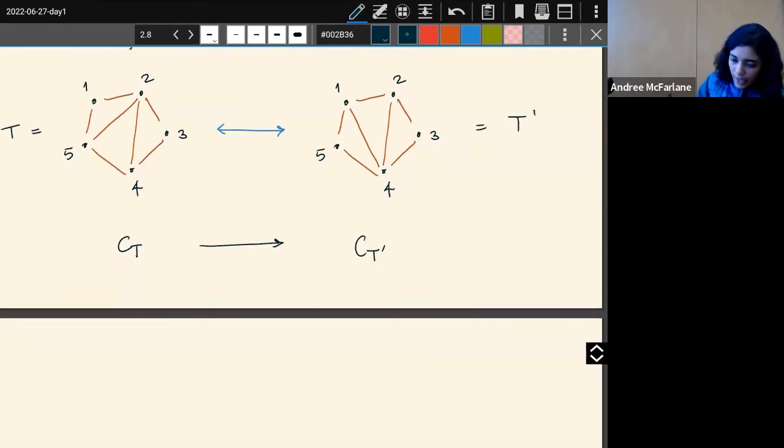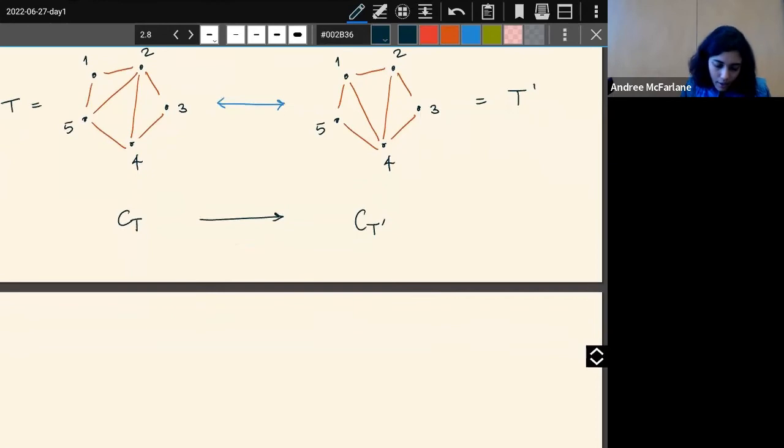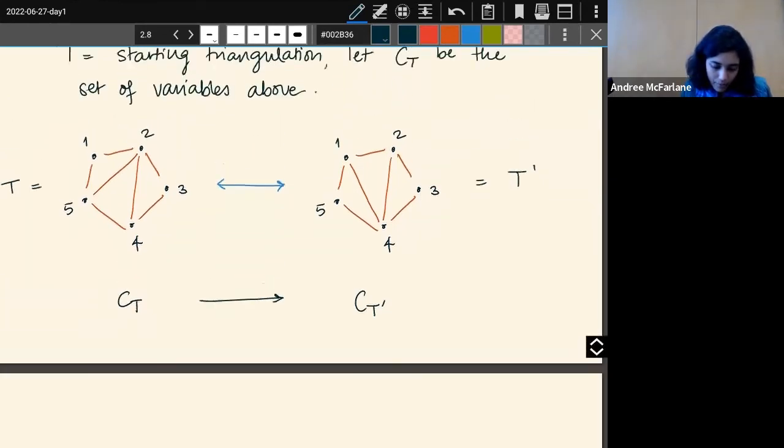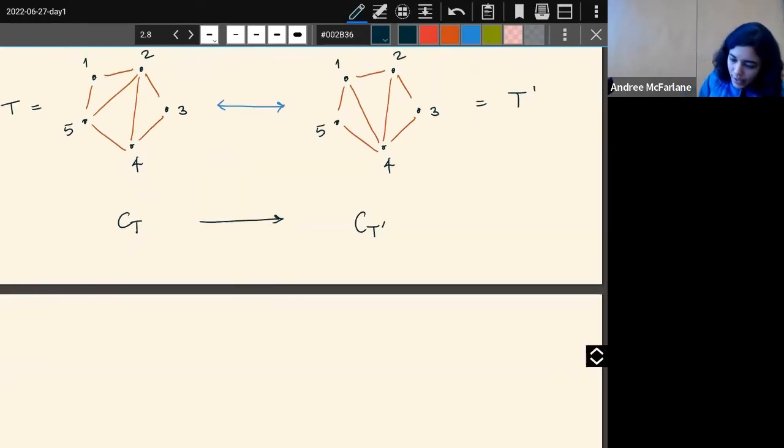Here's the recipe. I look at the quadrilateral that bounds the edge that I'm flipping, 2,5, or x25 is the variable. The only thing that should change in C_T prime is that x25 should be replaced by something else, because everything else is the same. So instead of x25, I should throw in an x14, but I'm going to give you a relationship between them.